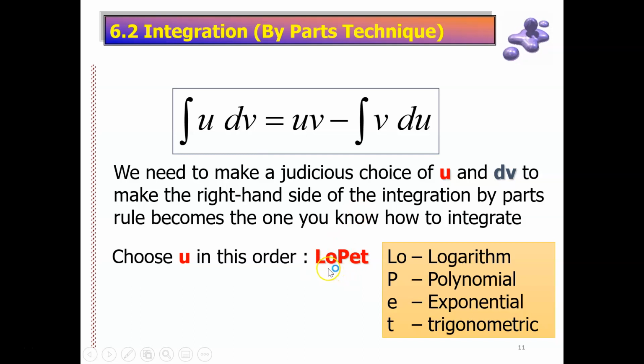LOPET means logarithm, polynomial, exponential, and trigonometric. So we choose u based on this order: first log, second polynomial, third exponential, and the last one is trigonometric. This is going to help us solve the integration more easily.